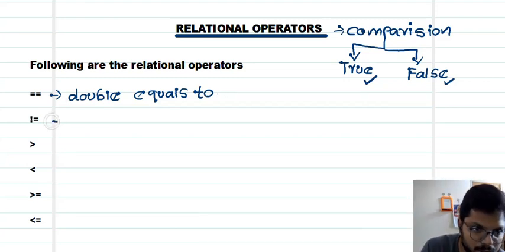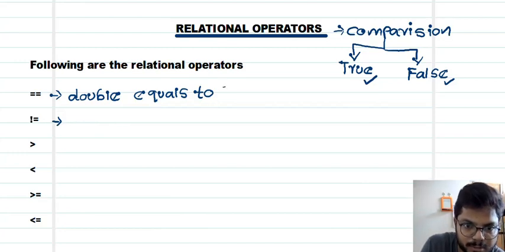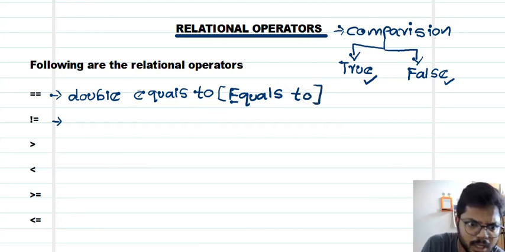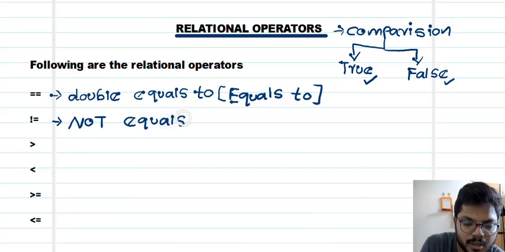Double equals to simply tells it is equals to. And this automatically indicates not equals to.